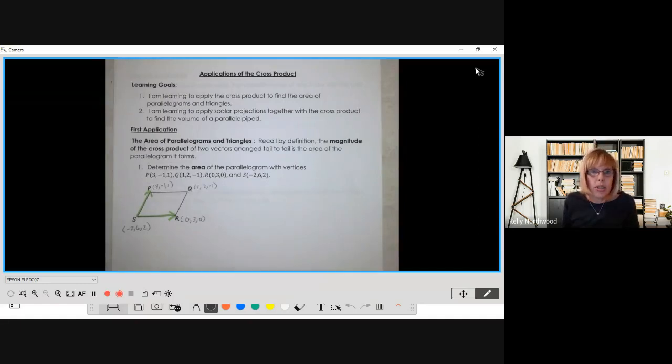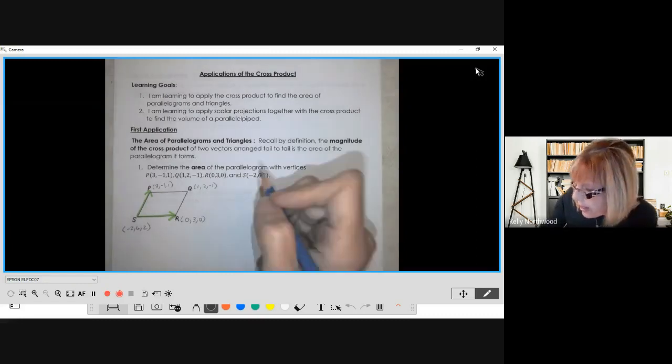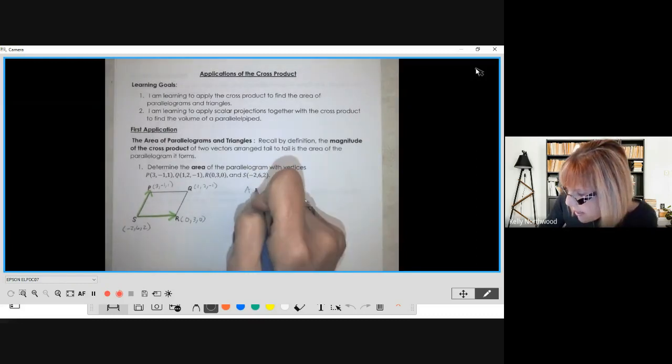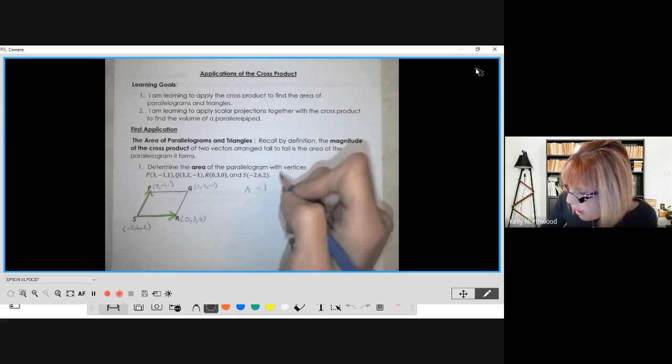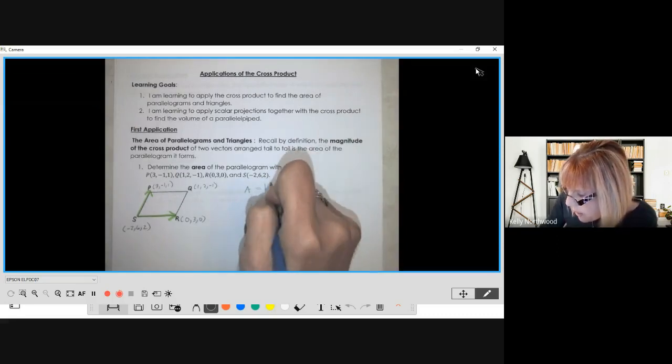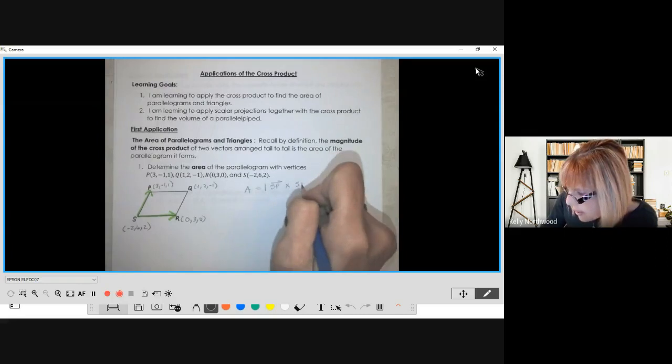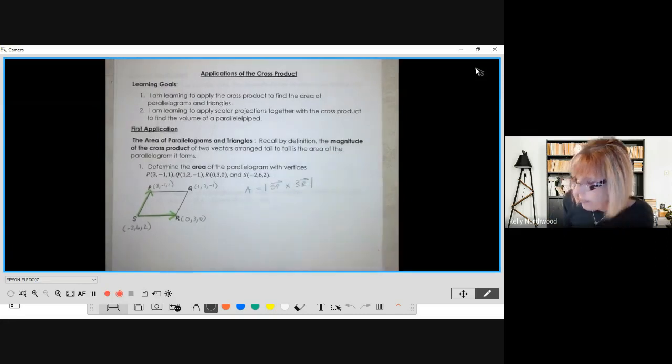Doesn't matter which two you choose, you would get the same area. The way I've decided to do it, my area is going to be the magnitude of vector SP crossed with vector SR. So that's what I would write down, the magnitude of vector SP crossed with SR.